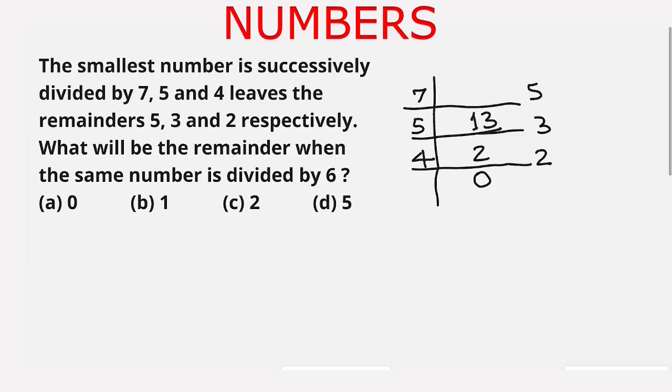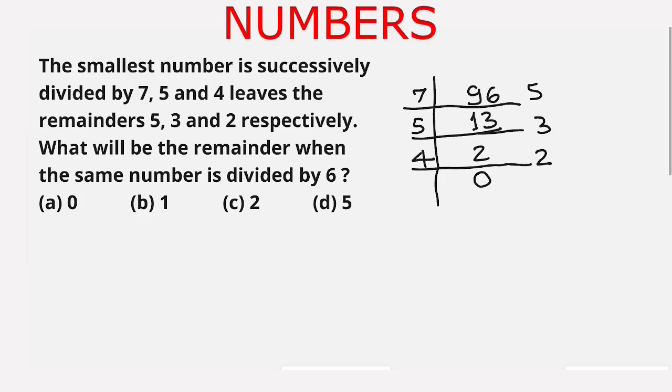The number when divided by 7 gives the quotient 13 and remainder 5. So to find the number, we multiply 7 and 13, and 13 times 7 is 91 plus the remainder 5. 91 plus 5 is 96.